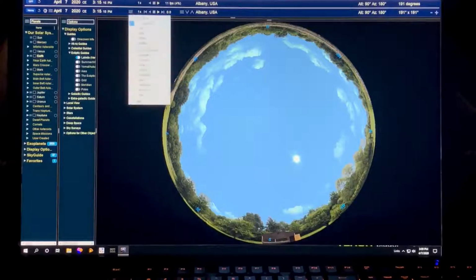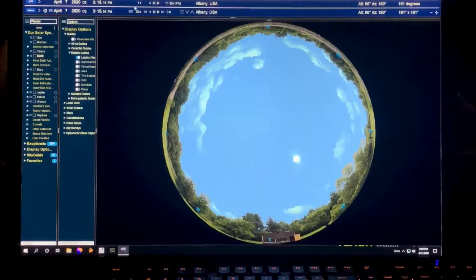In fact, let me speed things up a little bit more here. Oh, we should go faster than that. A little bit faster than that. So we see the sun there is moving across the sky. We've got south down this way, north up this way, here's west over here, and east is over this way, and the sun has been moving across the sky.